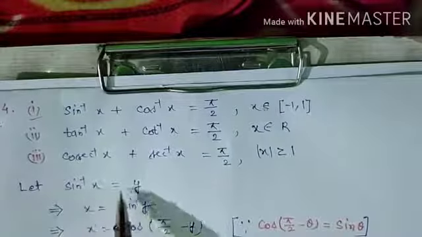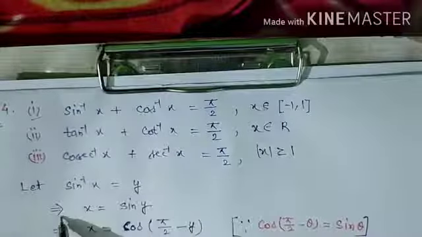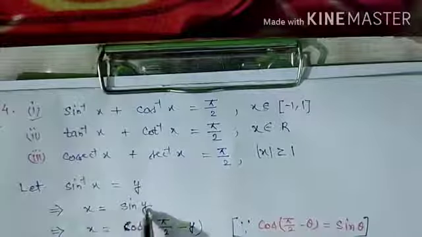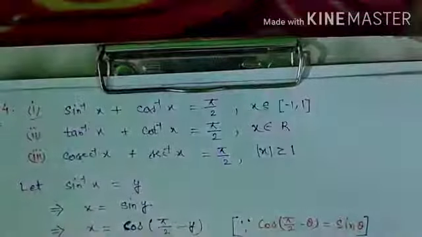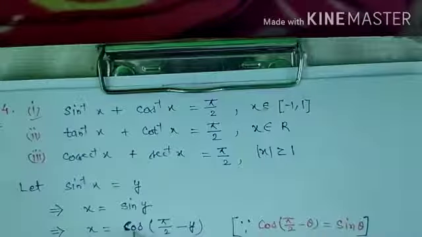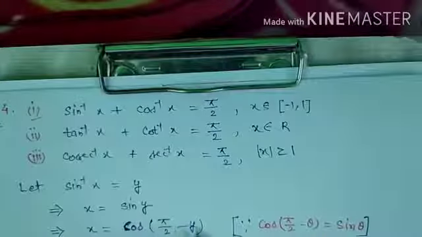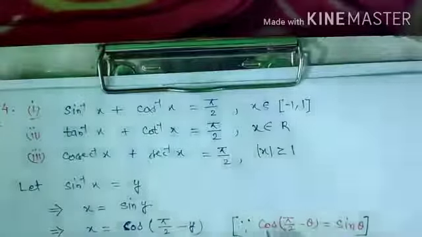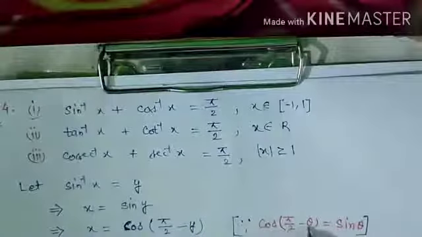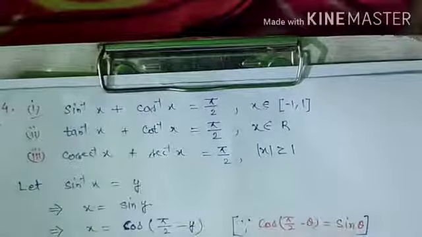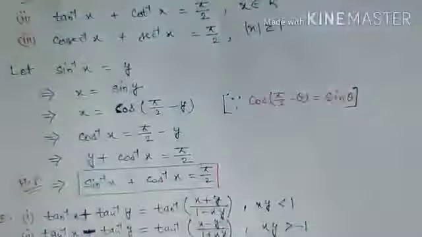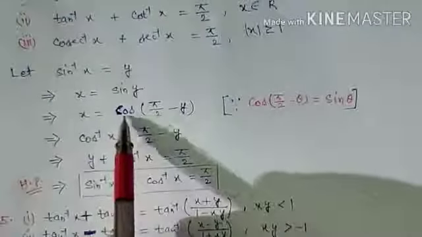Sine inverse x equals y implies that x equals sine y. Then sine y, I can say, is cos of pi by 2 minus y. We know the formula, cos of pi by 2 minus theta is equal to sine theta. Now I am shifting this cos to the other side.